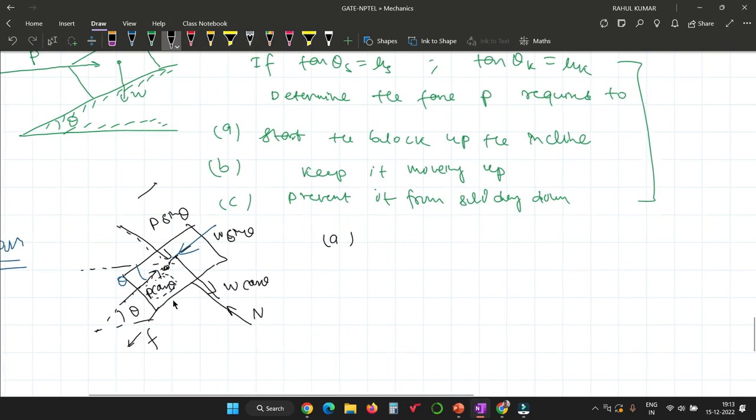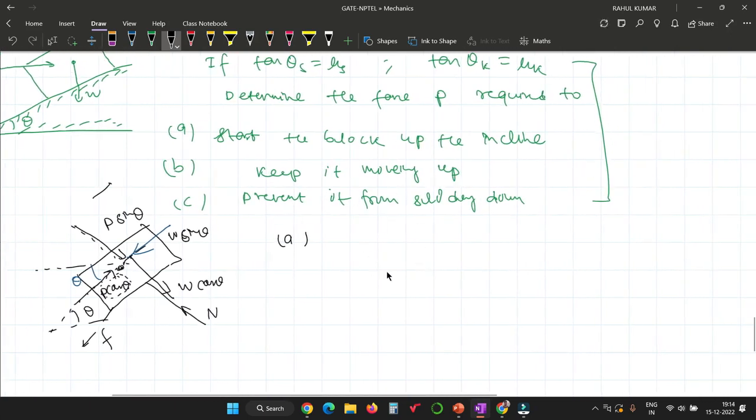So here it is W sin theta, here P cos theta, and here F. Here we want to just start the block, so F must be limiting.